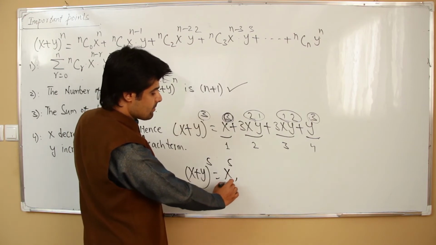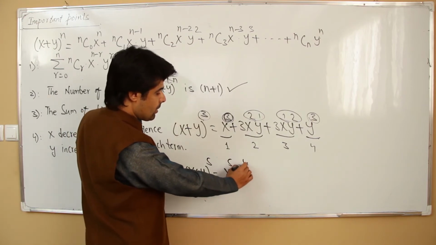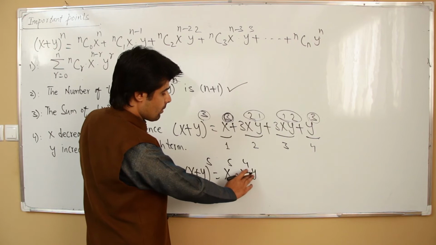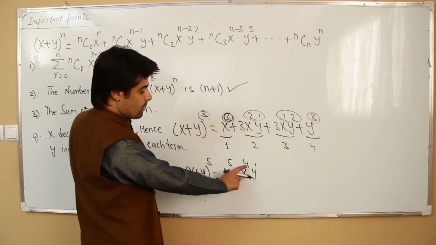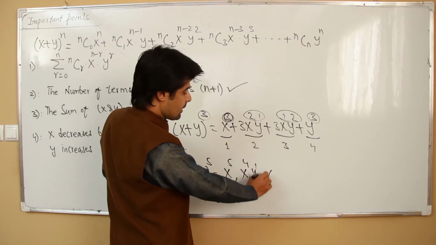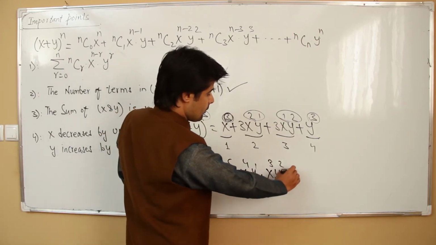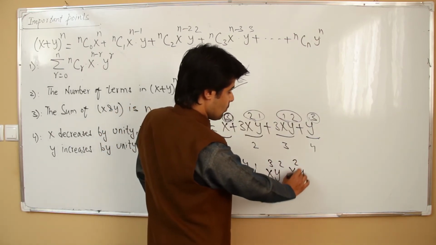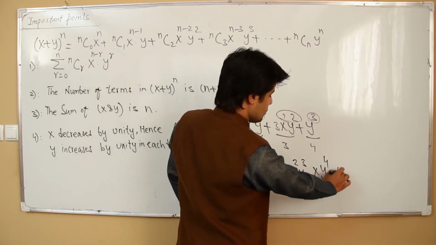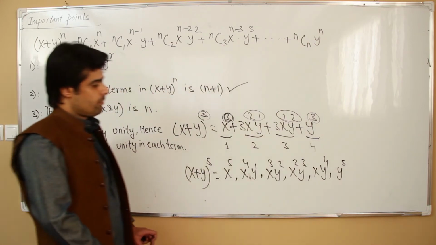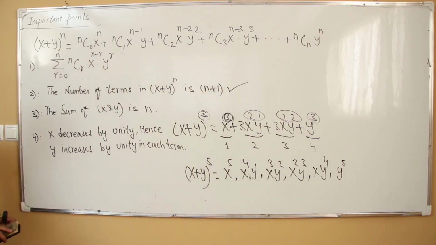For the next terms, x decreases by 1, y increases by 1. 5 decreases by 1, it's 4. For the next term, x is 3, y is 2. For the next term, x is 2, y is 3, x is 1, y is 4, and x is 0, y is 5. I think you have got it.